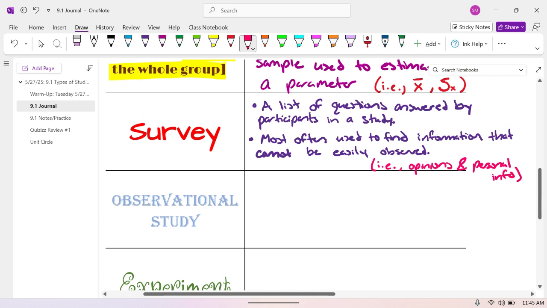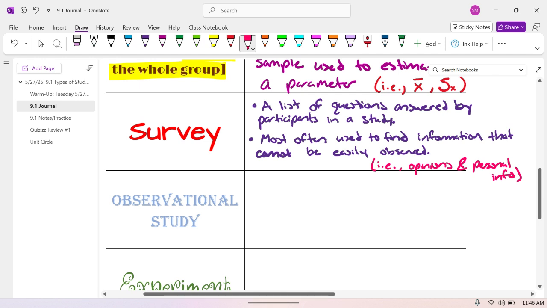Whereas there are other types of surveys, like customer satisfaction surveys, the things on the receipts that most people never do. Those are talking about your opinion. How'd you feel about the service? That's typically what surveys are. That's probably the one you guys are most familiar with because it's the one you see the most often.